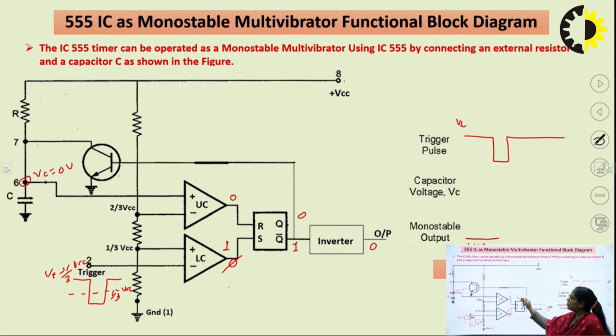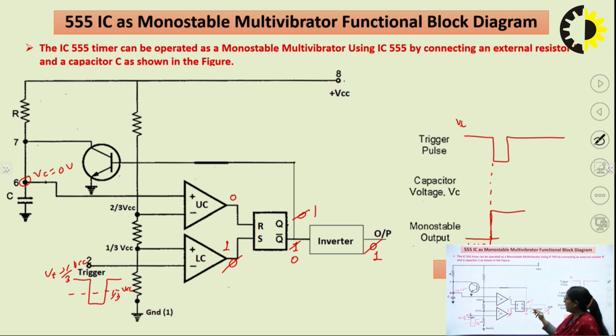There is no change in the upper comparator input terminals. So R becomes 0, S becomes 1. For S equal to 1, the flip-flop will acquire the set state. For that, Q will become 1 and Q bar will become 0. And the output will change its state from 0 to 1, which is the quasi-stable state. So the moment the triggering pulse comes, the output will switch from low to high state.